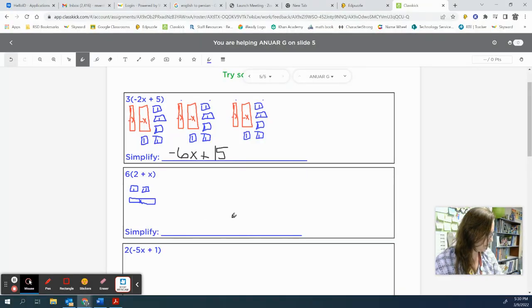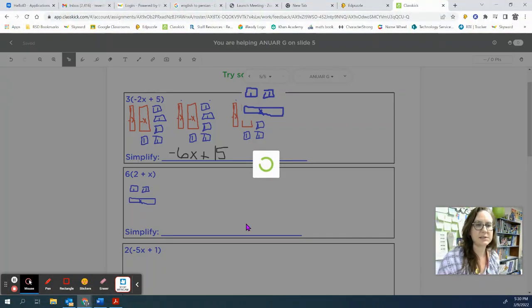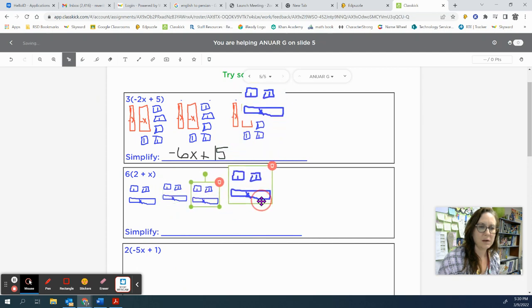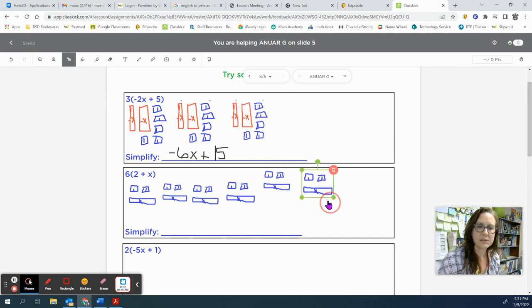So we already have 1, 2, 3, 4, 5, 6. 1, 2, 3, 4, 5, 6.